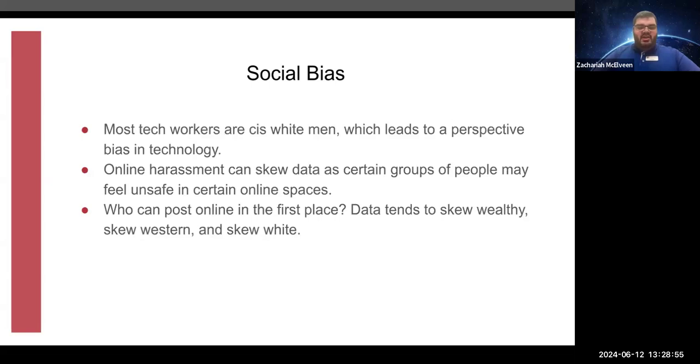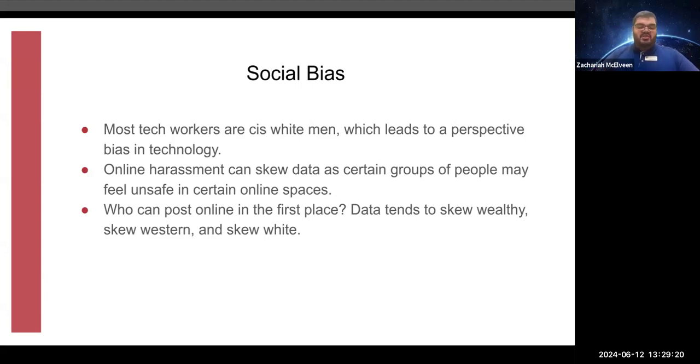Online harassment can skew data, as certain groups of people may feel unsafe in certain online spaces. So if certain groups of people feel unsafe on certain, let's say, social media sites, and information is being gathered from that, then those people's perspectives are not going to be taken into account because they're not a part of the data set.